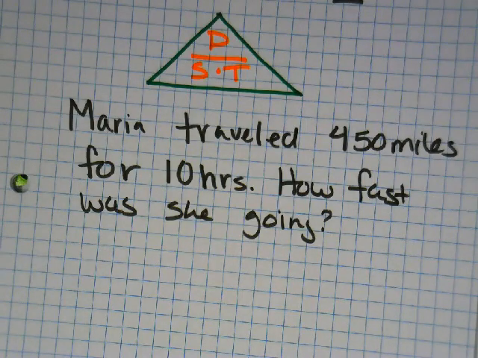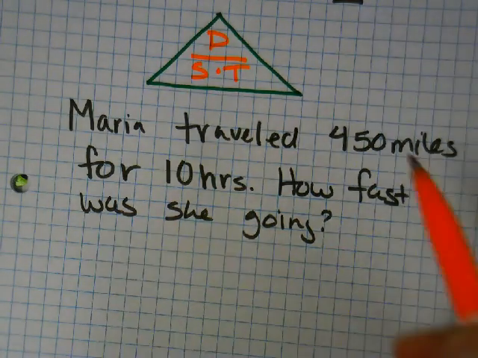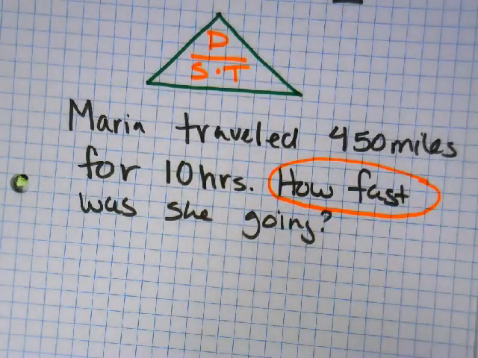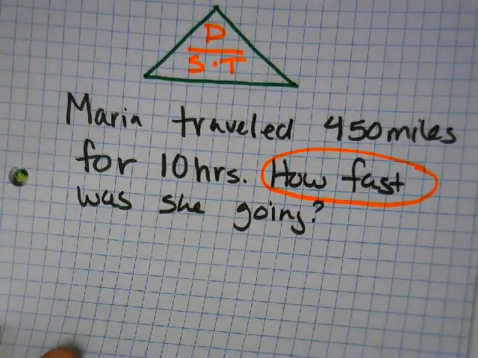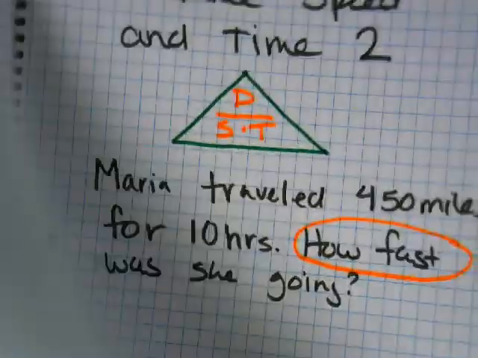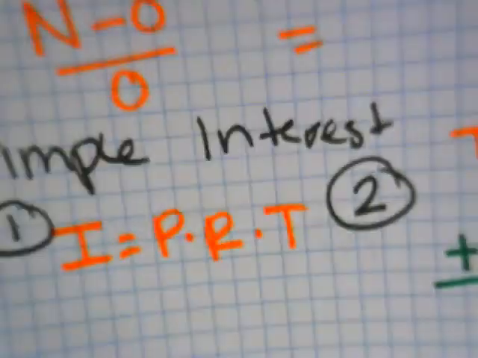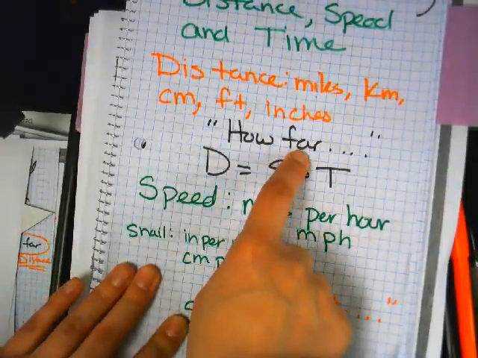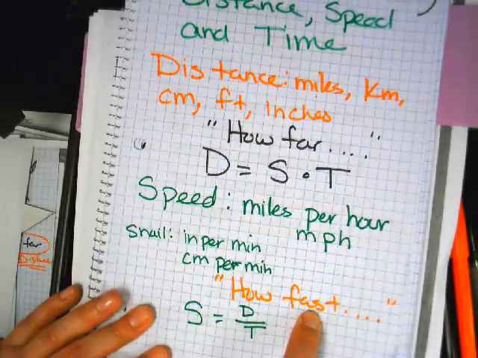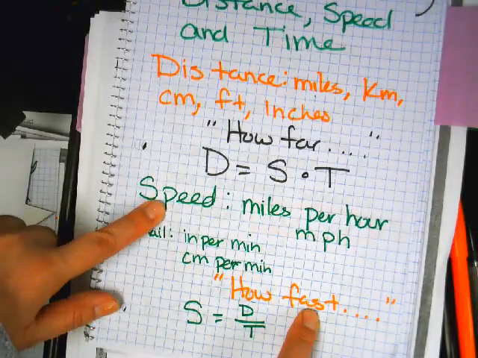All right, so what are the key words that tell you what you're solving for? How fast. And how fast, what am I solving for with how fast? Speed. If I look back at the notes we took on Thursday, remember the ones in quotation marks? How far, how fast. So when you read how fast, you're solving for speed.